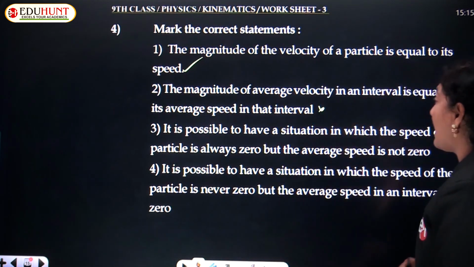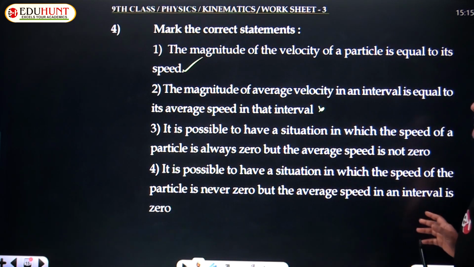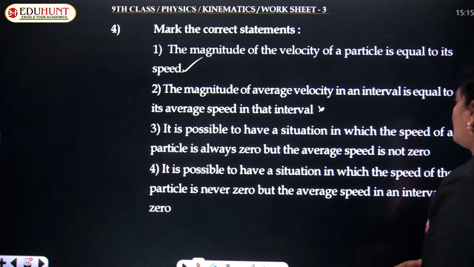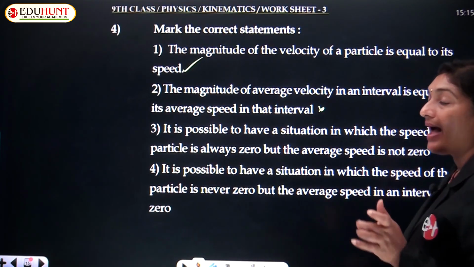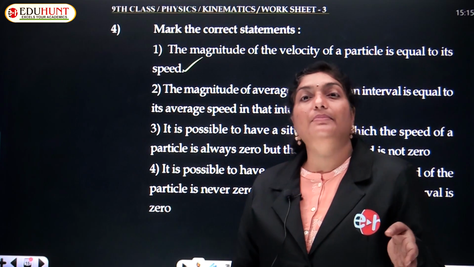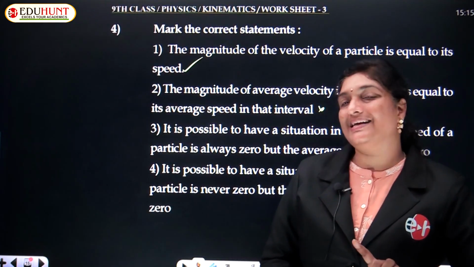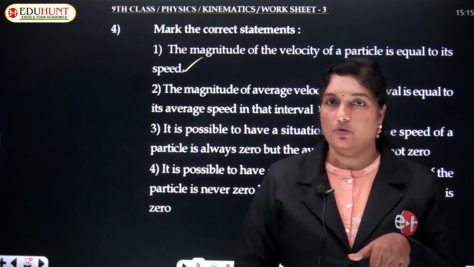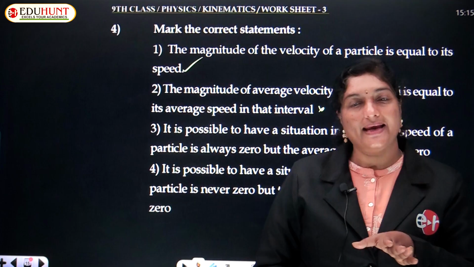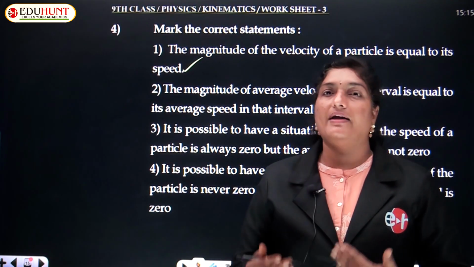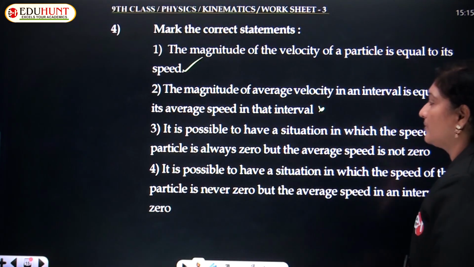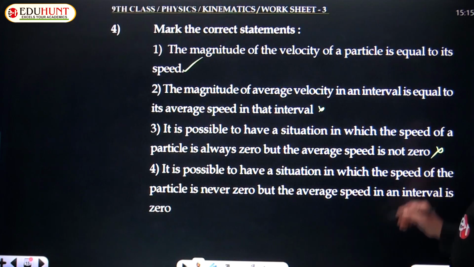It is possible to have a situation in which the speed of a particle is always 0 but average speed is not 0. As we know, displacement can be 0, negative or positive, but distance is never 0. So distance upon time, speed, can never be 0, whereas velocity can be 0.